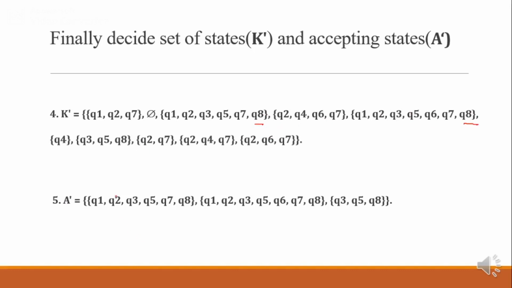So you just include those states that have Q8. I'm adding this entire state here, this state here, and this state here. So using this K dash, F dash and the transition function, you can build a DFSM. So this is about NDFSM to DFSM conversion.